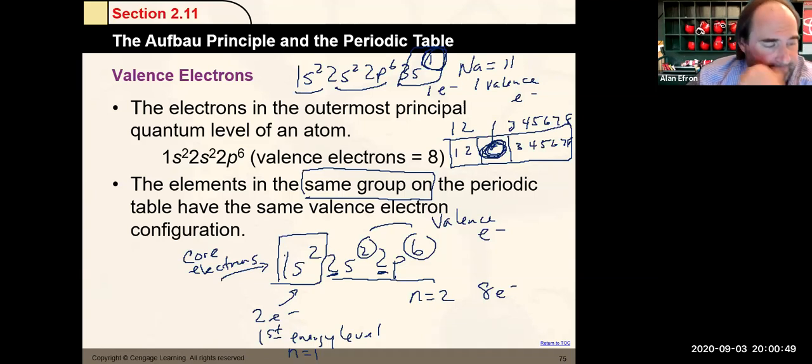If you look at fluorine, it is group number 7. It would have 7 valence electrons. And again, that's a much easier way to figure out the number of valence electrons: just go by group number. Again, our valence electrons are the highest energy level electrons. Question on that there? Okay.